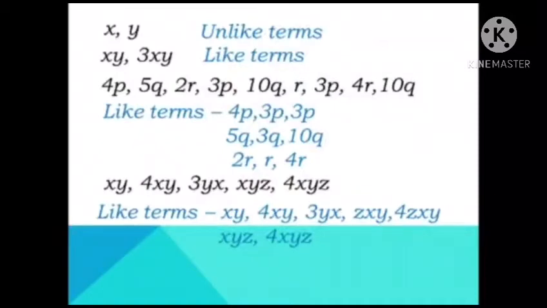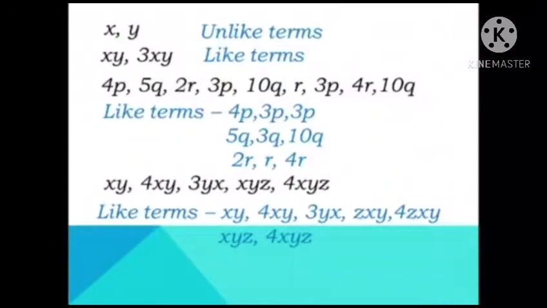Okay. Next one, z we can make a coefficient and xy a variable, right? So for that also like term, for 4xyz, if you take xy as a variable, 4z is the coefficient. So everything is a like term.